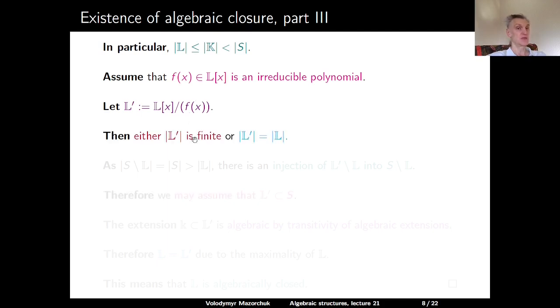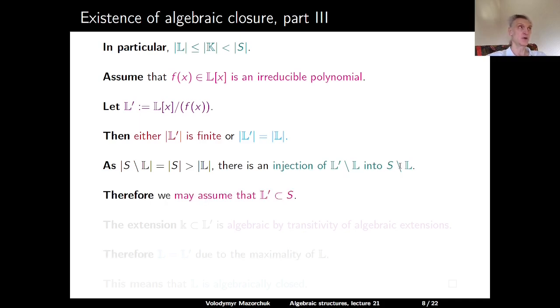Then either L' is finite or its cardinality is the same as the cardinality of L. Since S is very big, the cardinality of S minus L is equal to the cardinality of S, which is strictly bigger than the cardinality of L, so there is an injection from L' minus L into S minus L. And using this injection, we may assume that actually L' belongs to S. So we can realize our extension L' inside our set S. And this extension is algebraic because algebraic extensions behave transitively. A composition of two algebraic extensions is algebraic.